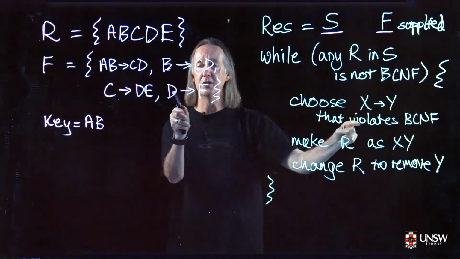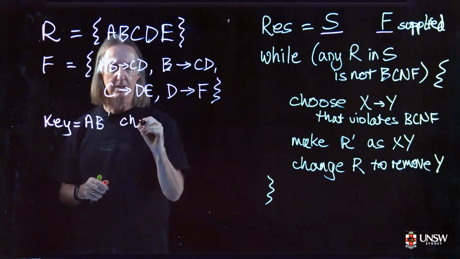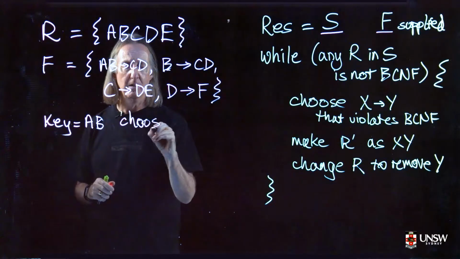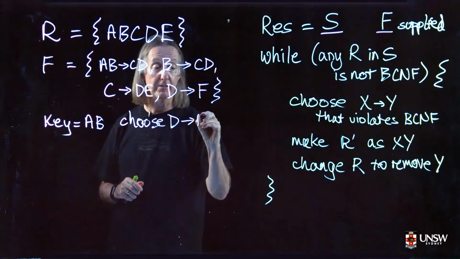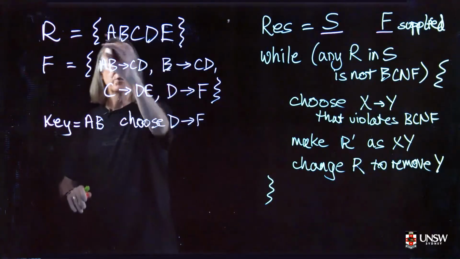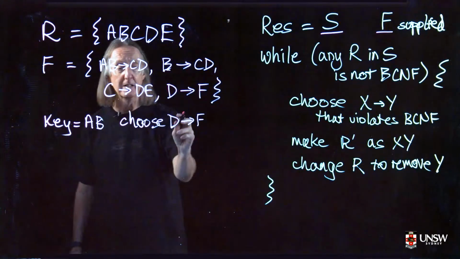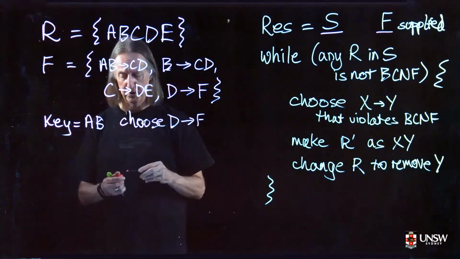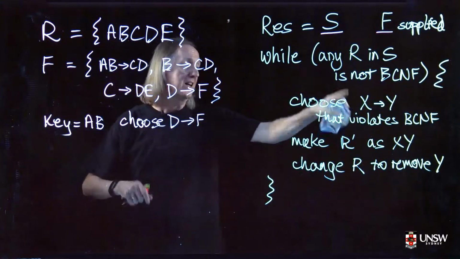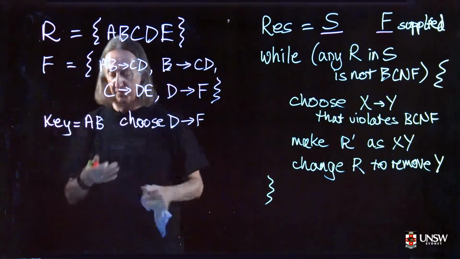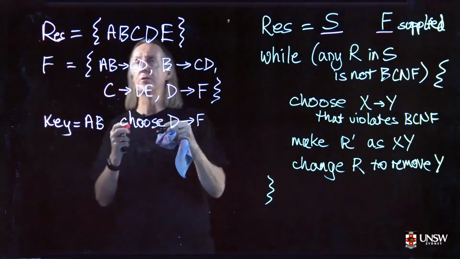So the XY that we choose is D functionally determines F. And the goal here, remember, all the time, is that we're trying to make this schema closer to BCNF. So if we make this choice, then what we have to do, rather than having R prime or whatever, is just keep this thing that we've got here, which we can always call the result schema.